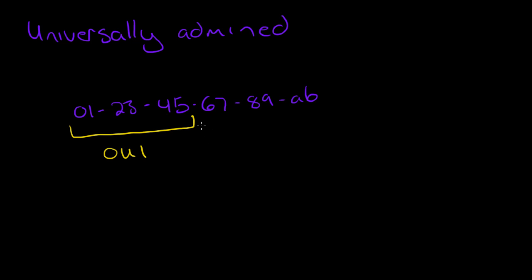The second part of the addressing space is then referred to as the NIC-specific space, or sometimes the user space. And this is what gets assigned by the manufacturers to the individual network devices that they manufacture. But again, they must be universally unique, which means that there's no other address that matches this in the world.